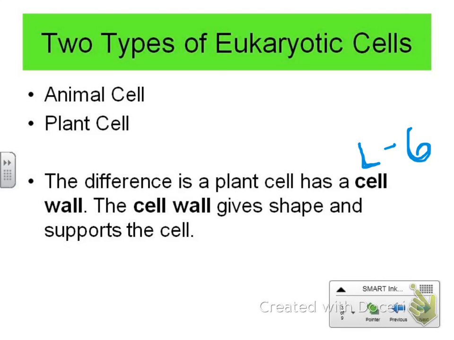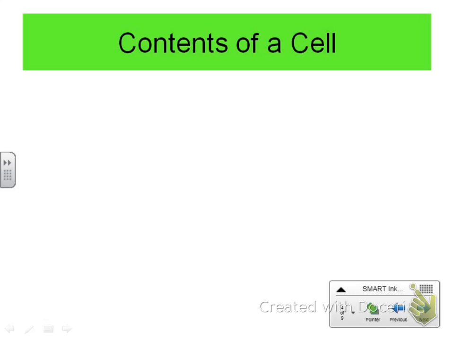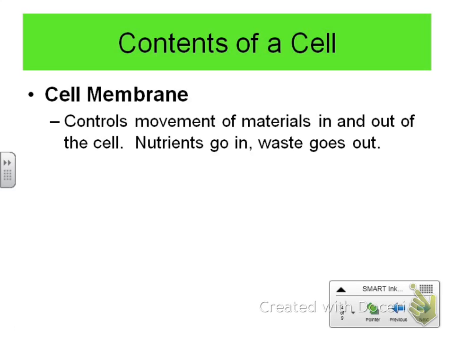Now let's talk about what jobs are inside the cell, and we're going to talk about your number 4 that you did for homework last night. So, contents of a cell. The first thing we're going to talk about is the cell membrane. Can somebody quickly tell me what letter that is? G. Okay, it's letter G. Thank you, Josh.